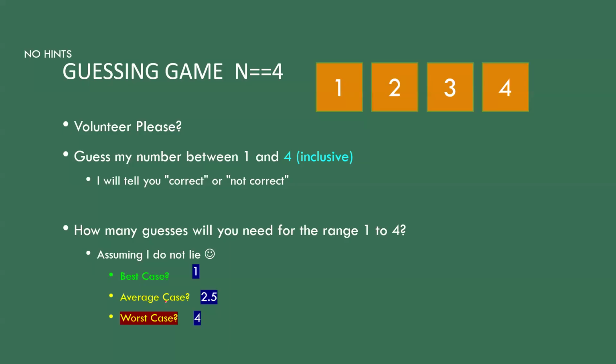So this is how we analyze algorithms. We always ask ourselves, what's the worst case, what's the best case, and what's the average case? And a lot of the time people are really only interested in the worst case. The analogy I always use is if your boss comes to you on a Friday and says, hey, our servers are crashing, we need to get it fixed. How long is it going to take you to fix that problem?